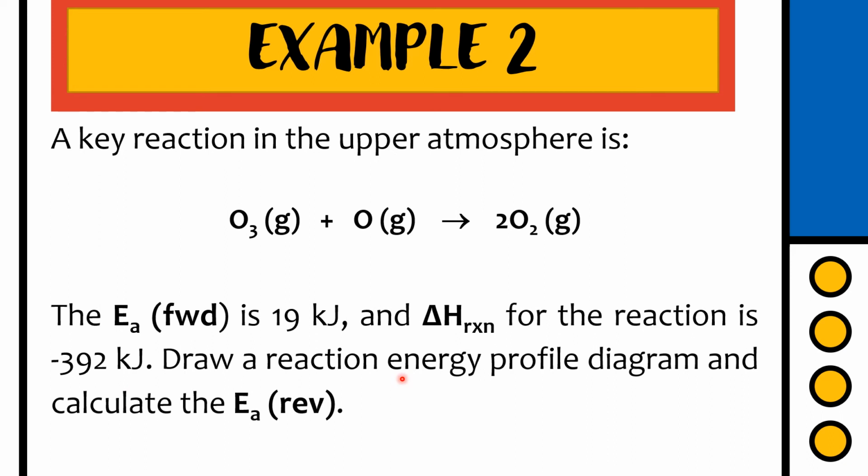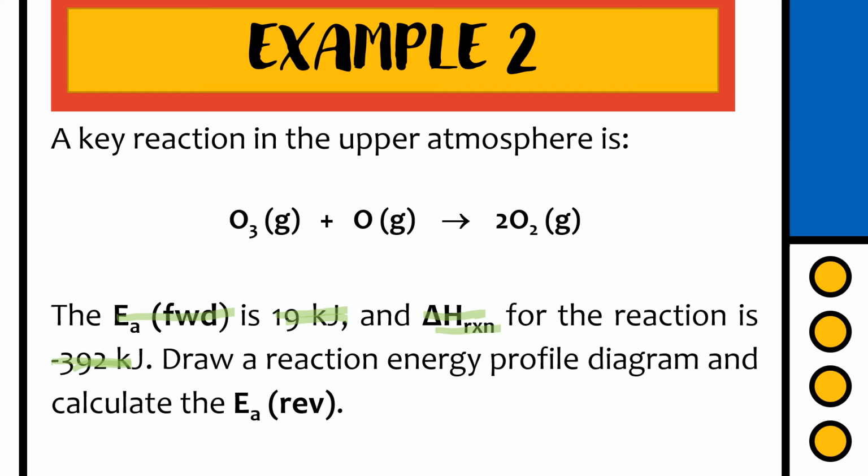Draw a reaction energy profile diagram and calculate the EA reverse. So let's look again at the information given to you: the forward activation energy is 19 kJ, and the delta H reaction is negative 392 kJ.